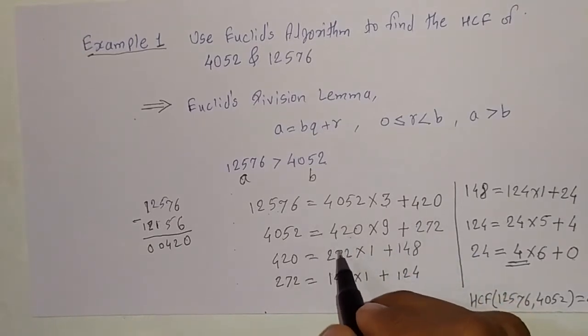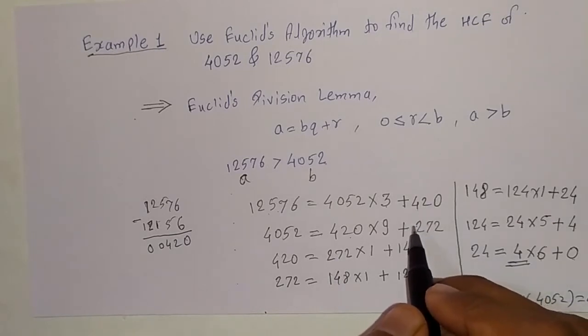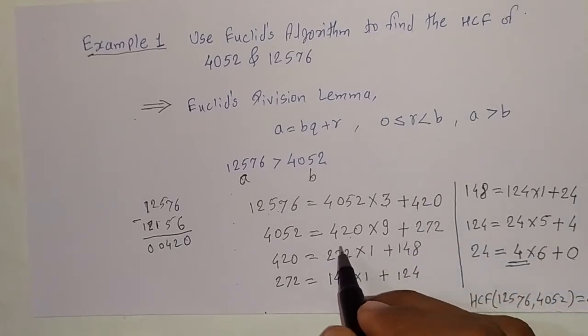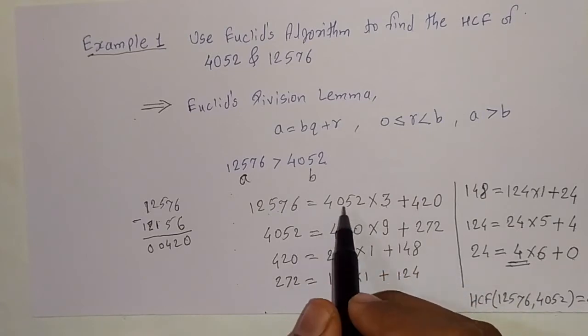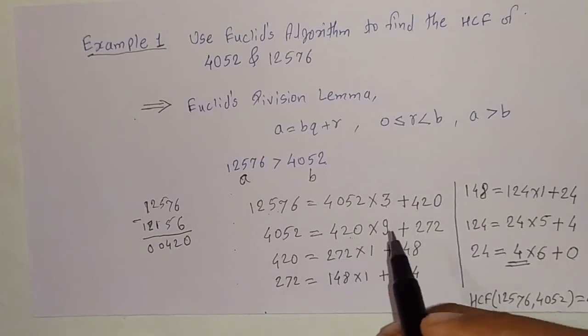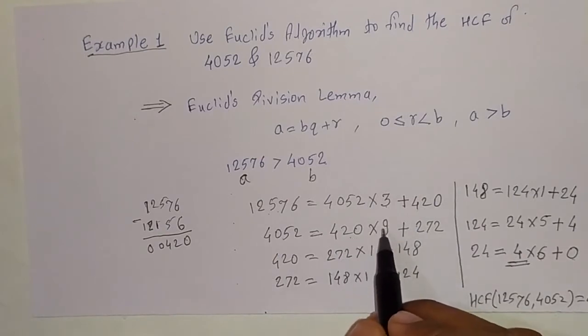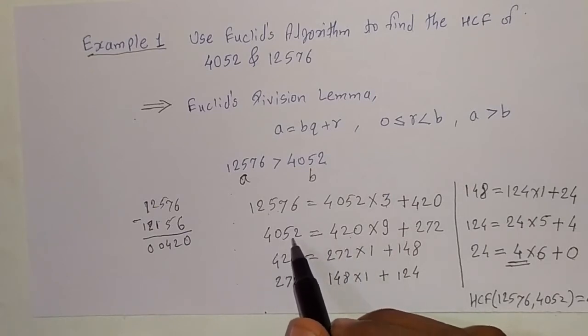In second step, still remainder is not 0, then repeat the Euclid's algorithm. Apply the Euclid's division lemma one more time. So in second step, divisor becomes dividend, remainder becomes divisor. In this case, how to decide the quotient? Here you have 4,000 something.